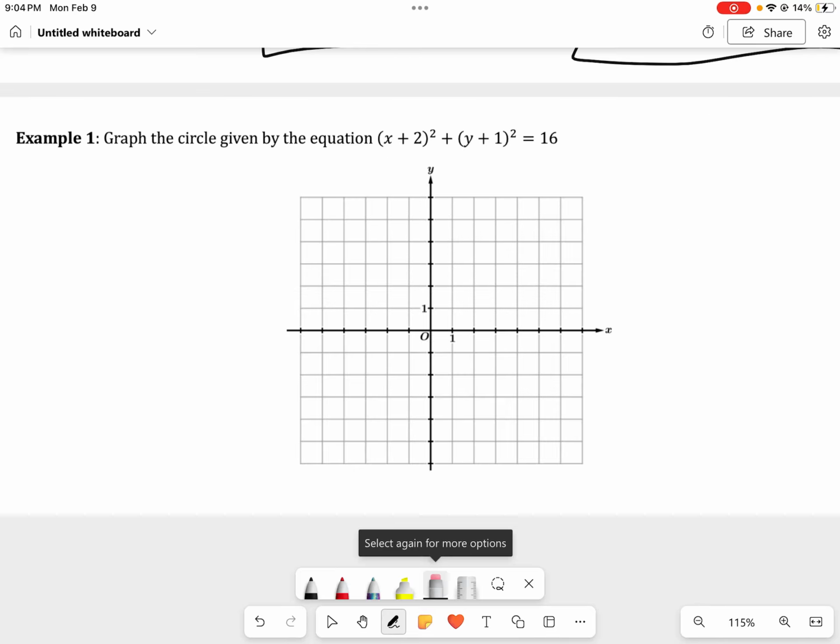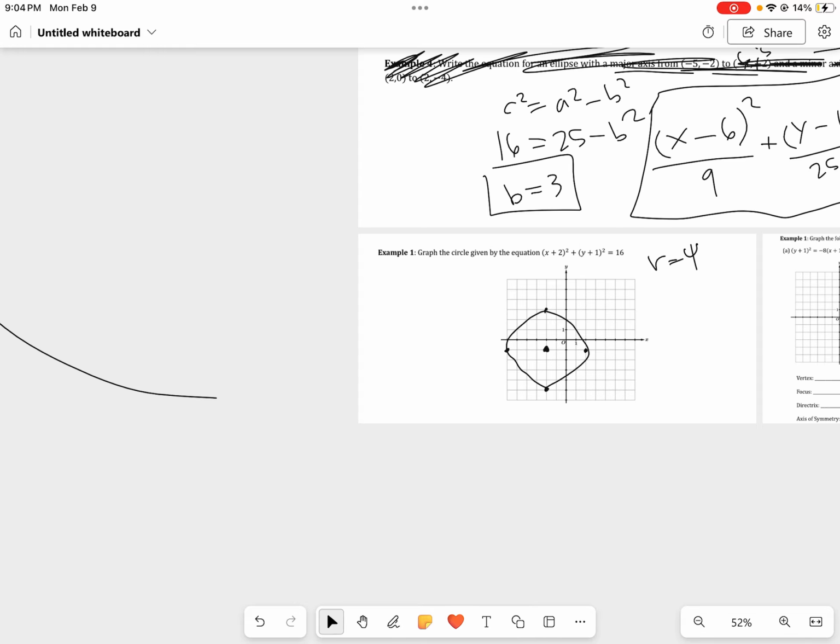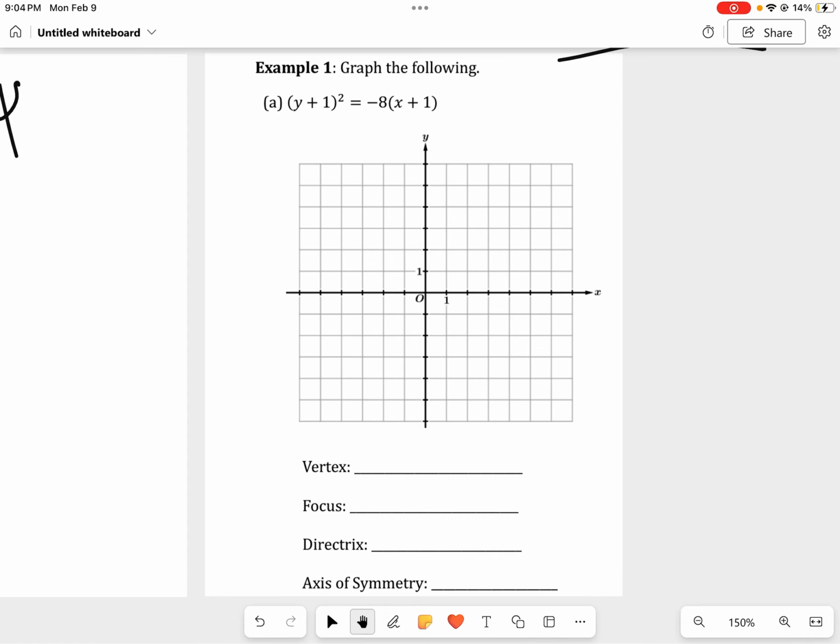Radius is still 4, but the center is -2, -1. It's going to be here. Boom. Great. Same thing, 4 to all sides here. I actually messed up a circle. It's actually embarrassing.